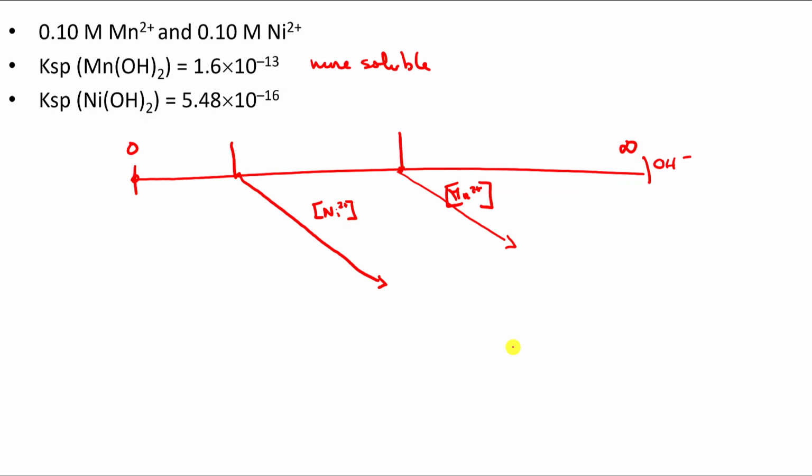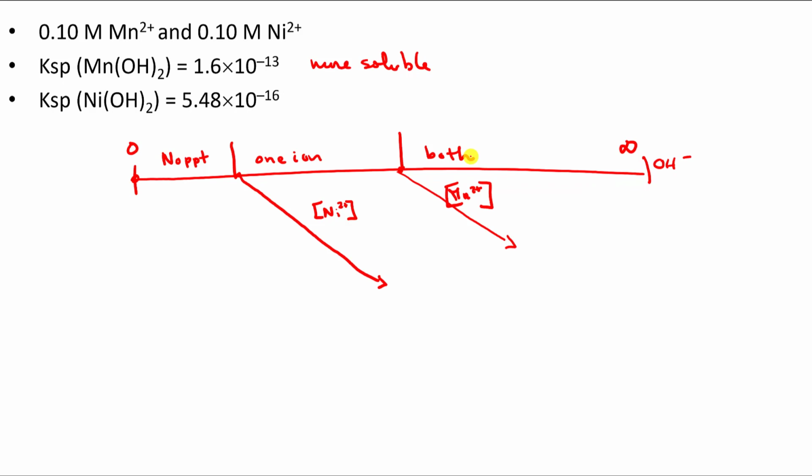Okay. Again, there's basically three regions, right? There's no precipitate here. This is one ion only. And this is both. And both ions precipitating is not what's useful to us here because we don't care about getting them both out of solution. We want to separate two metals from each other.